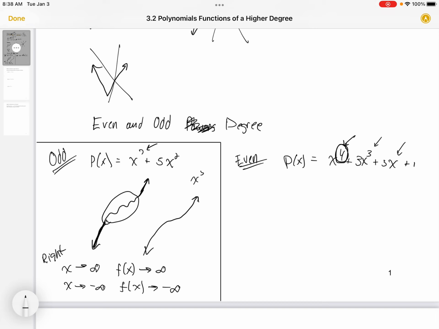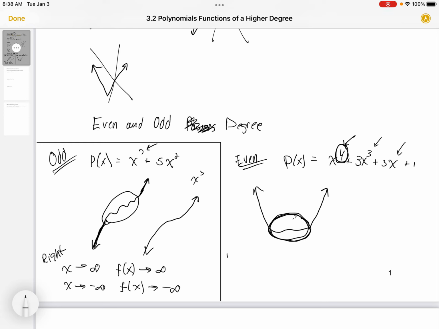So when we have an even degree, your function is going to look something along these lines. And what happens in the middle changes depending on how great that power is. If that was x to the 14th instead of the 4th, we might have a different looking function in here, but your end behavior is going to be the same.